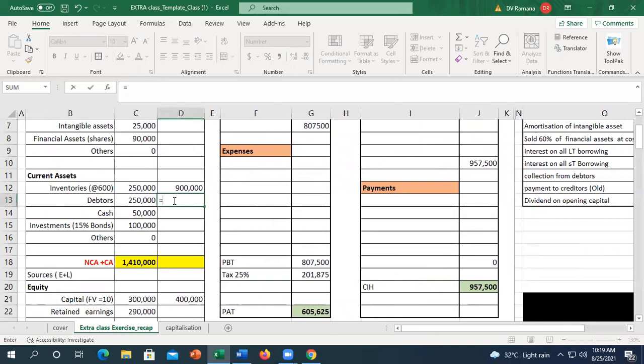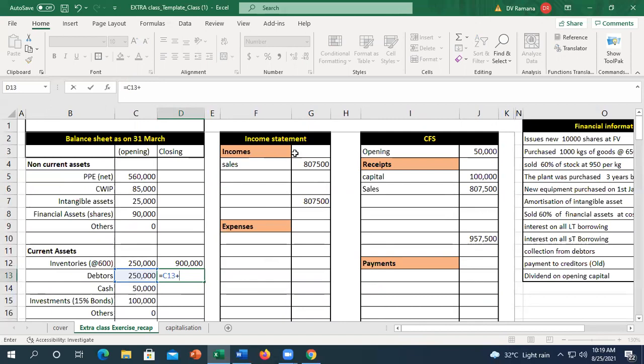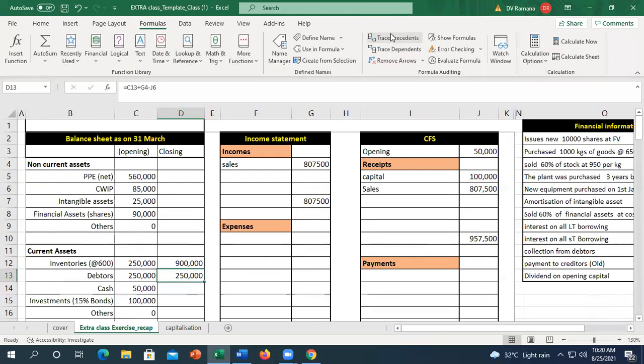The debtors are 250 plus sales minus collection, and since the entire sales is for cash, there is no change. You are also able to see the interrelationship between the balance sheet, income statement, and cash flow statement.